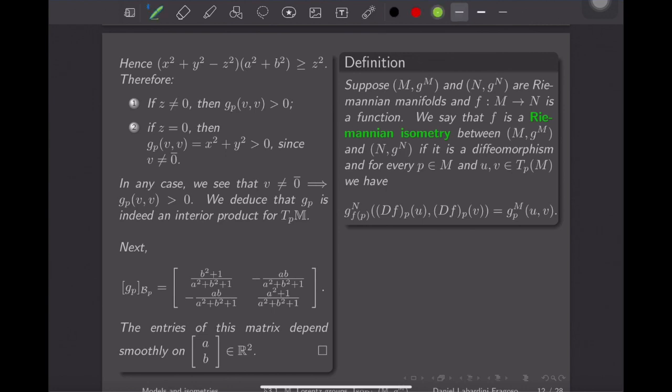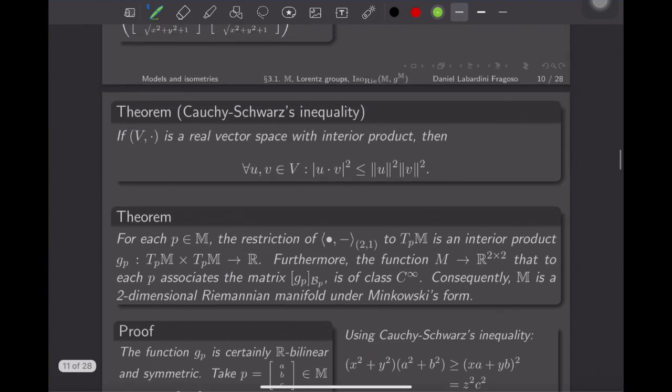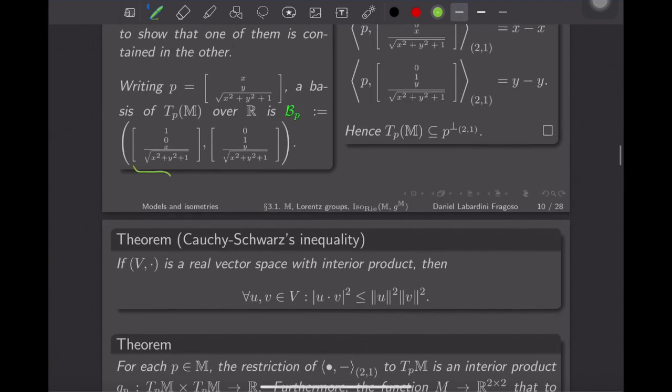So what I mean is this: here I have this first basis vector, let's call it v1, and let's call this second basis vector v2.